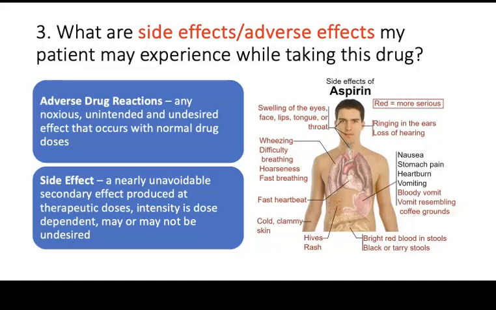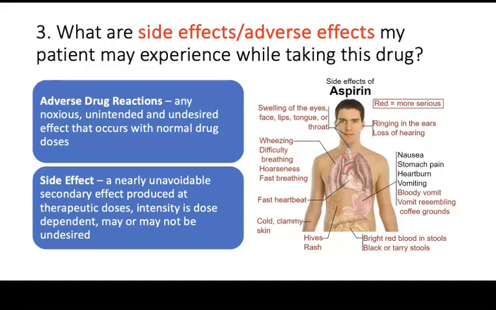Too much aspirin may cause tinnitus, or ringing in the ears, or loss of hearing, and people can have significant deficits with that. With the allergic reaction to aspirin, we can have wheezing and difficulty breathing. They could be tachypneic. They could have a vocal change and be hoarse. They could be tachycardic. They can have cold, clammy skin. They can break out in a rash or hives.